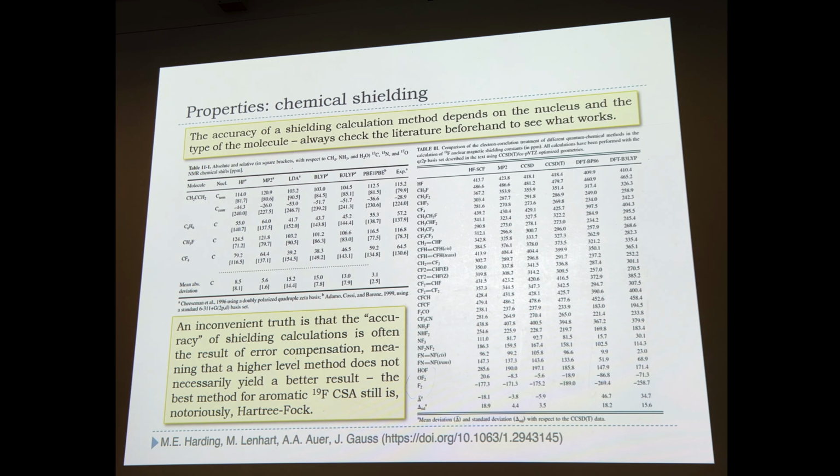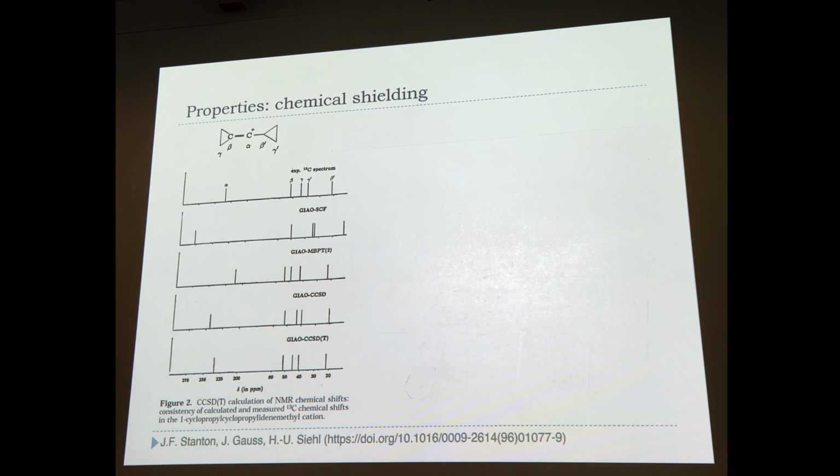And so for some random reason, for fluorine, the error that Hartree-Fock makes has the opposite sign from the error that would result from vibrational averaging, and so the method looks as if it is performing well, but it really isn't in practice. So health warning here: be very careful about which methods you choose for chemical shielding calculations, because if you choose something that's too good, you will kill one side of the error compensation and the numbers might actually get worse. That's an example of that.